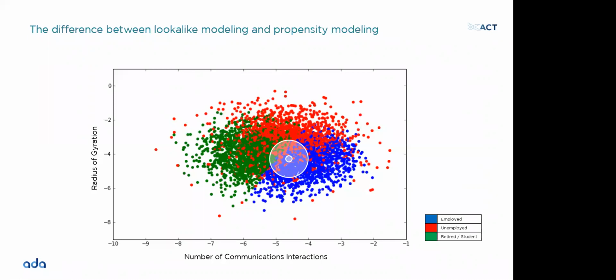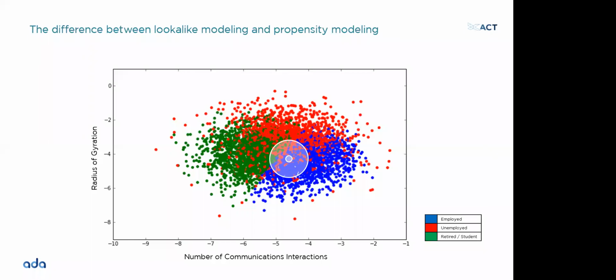And by similar, we mean geometrically close to that entity. Now, straight away, you can see a problem, right? When I use lookalike modeling, and I simply expand the circle to include users that are close to the group of interest, what I end up netting is a lot of users that are actually unemployed or retired.